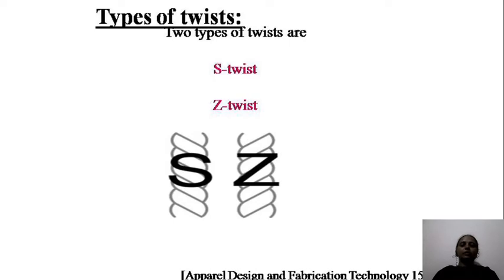If the yarn has an angle that resembles the slope of the alphabet S, it is an S twist, and if it resembles the slope of the alphabet Z, then it is a Z twist. In this way you can identify the type of twist inserted in the particular yarn.